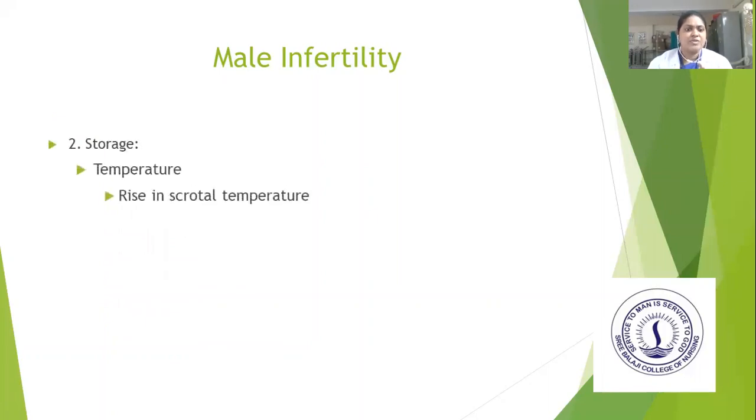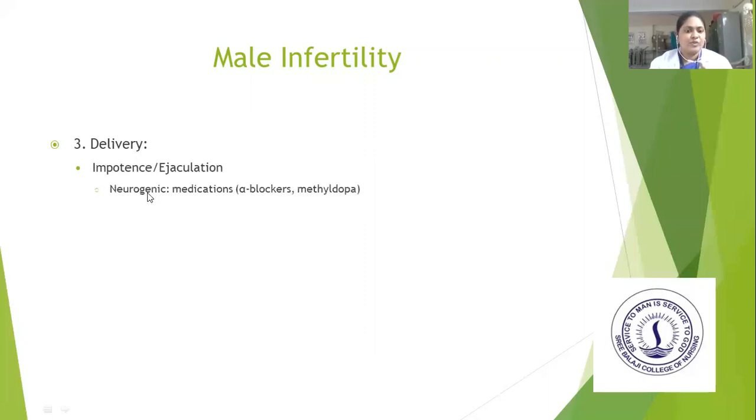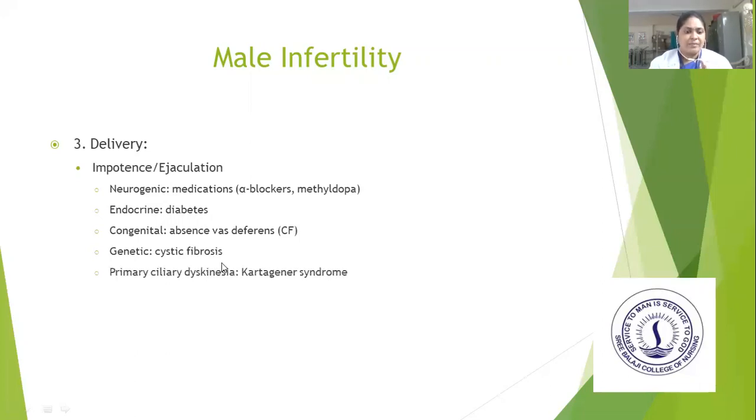Next is storage. Storage is about temperature, mainly a rise in scrotal temperature of the patient, varicocele. Delivery problems are impotence and ejaculation problems, neurogenic causes, medications like alpha blockers and methyldopa, endocrine causes like diabetes, congenital absence of the vas deferens, genetic causes like cystic fibrosis, primary ciliary dyskinesia, that is Kartagener syndrome, hypospadias, and vasectomy.